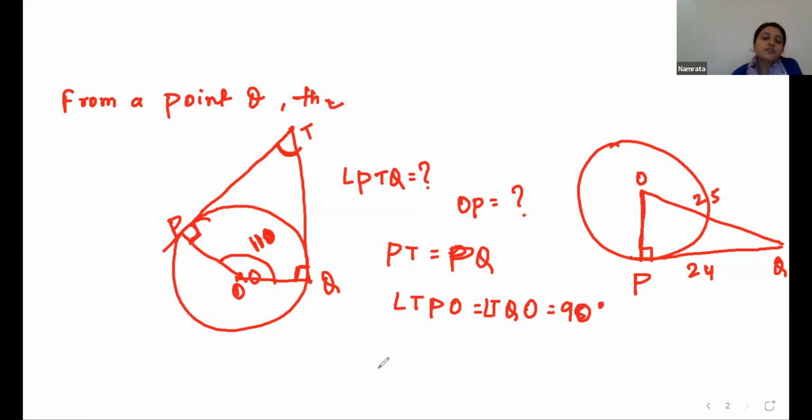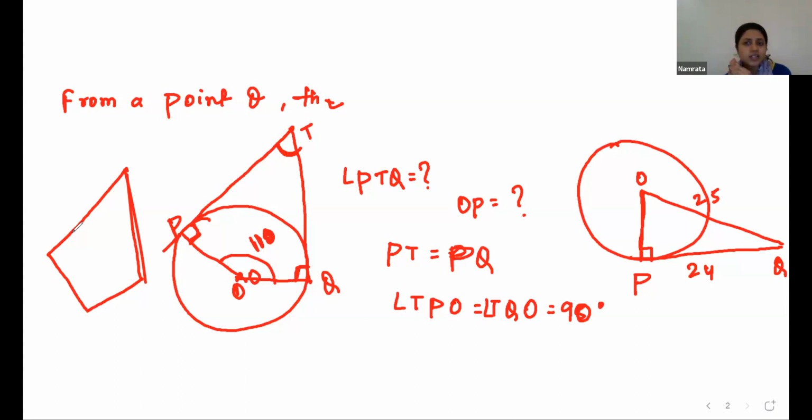All right. Now, if we focus on quadrilateral OPQT, can you see the quadrilateral OPQT? Yes, this one, ma'am. Okay, OPQT. So, angle sum property of a quadrilateral, what does it say? The sum of all the interior angles of a quadrilateral will be of what?